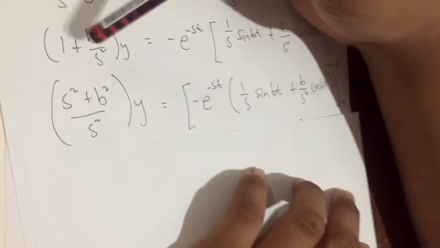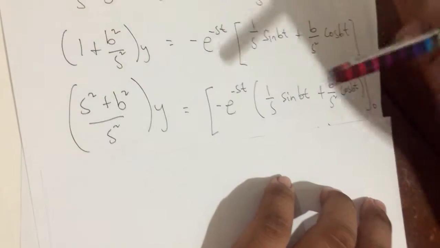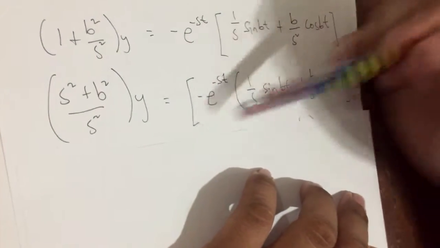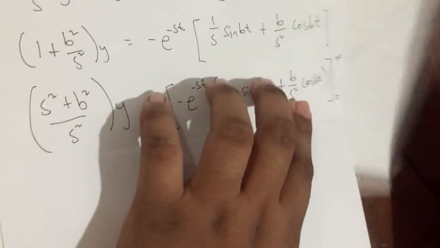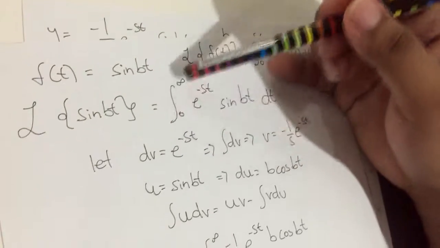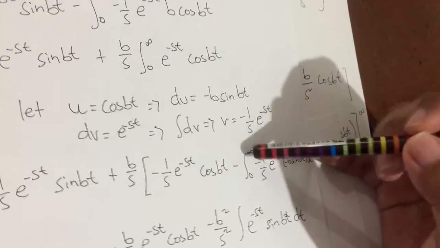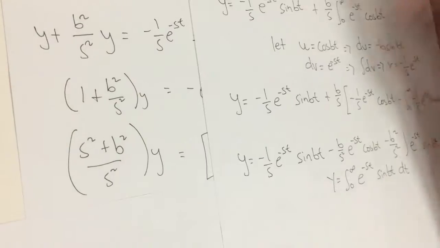Now the equation will turn to this from this, and we evaluate this from 0 to infinity. We can evaluate this because we integrated this part from 0 to infinity and this part from 0 to infinity.